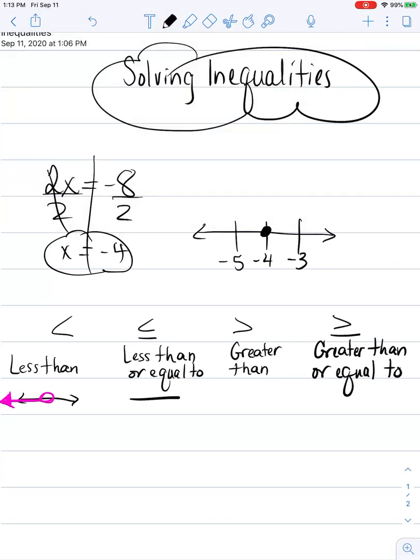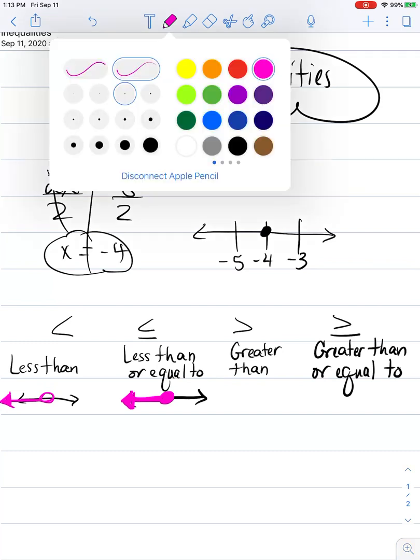When we look at less than or equal to, we would create a closed dot because that number is also a solution or a part of that solution set. Then we would shade the number line to the left, less is left, because all of those values would make that inequality true.